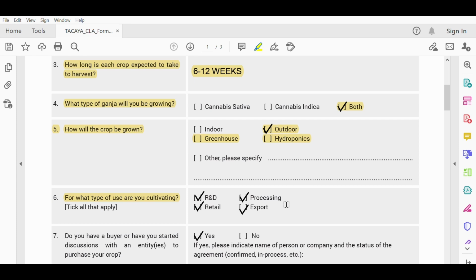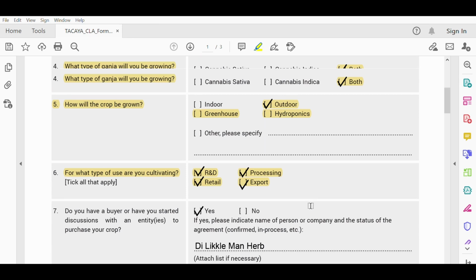Your buyers may possibly be a retailer, an exporter, a processor, or maybe somebody who wants to just do research and development, whereby they are trying to determine the type of strains, what's in it, and maybe what medicinal or valuable compound or CBD or cannabinoid is inside the actual plant.